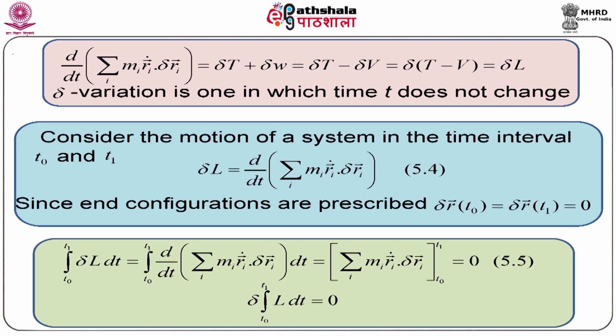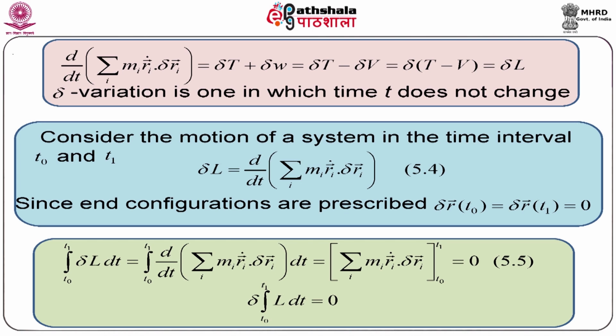We now consider the motion of a system in the time interval t0 and t1. Now, in the course of actual motion, a trajectory will be described in the configuration space.